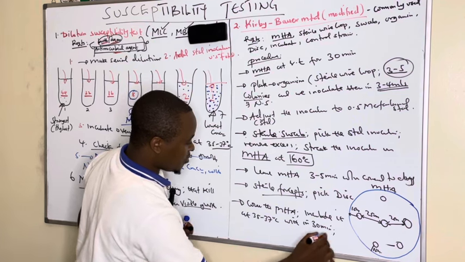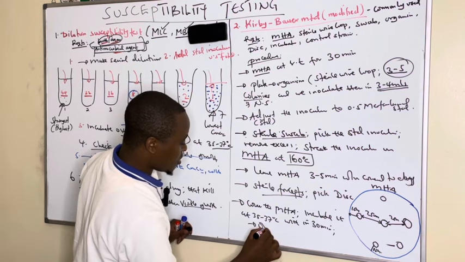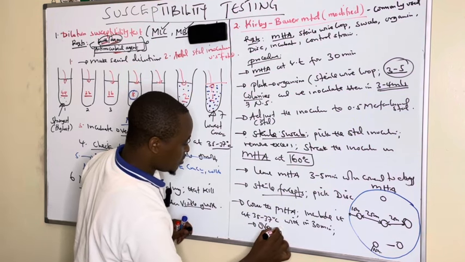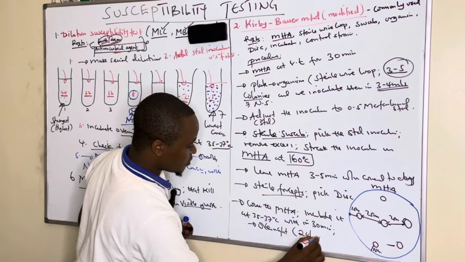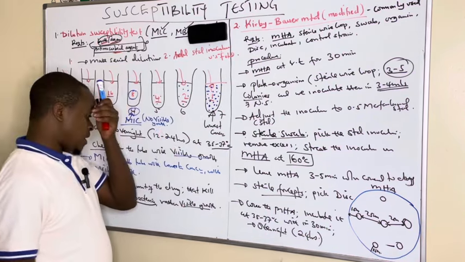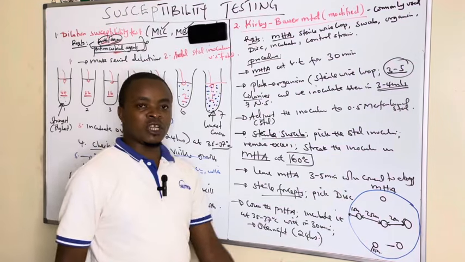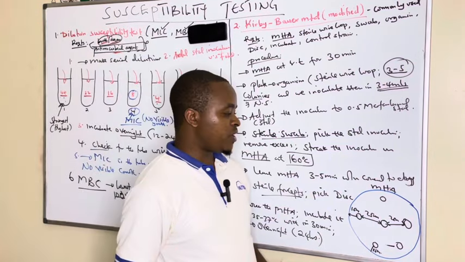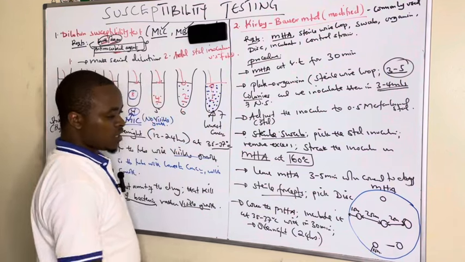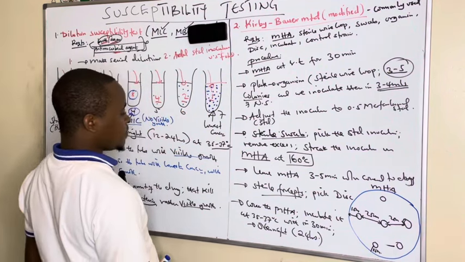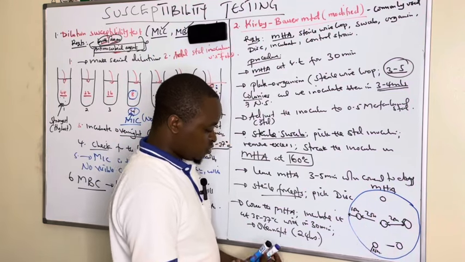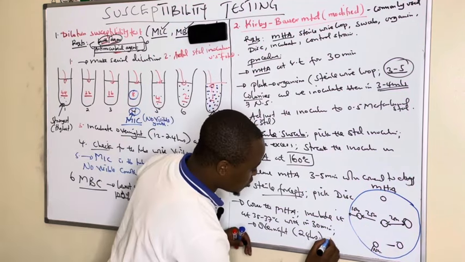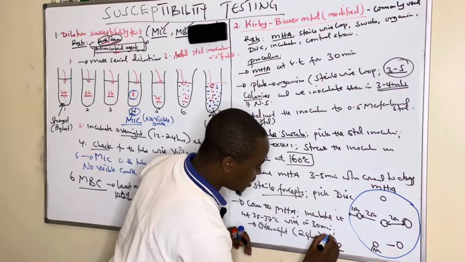We incubate it overnight, which is always the required 12 to 24 hours. After incubation, that's when we come and read the results to see if there is a zone of clearance. This should be done in aerobic conditions, that is in the presence of oxygen.